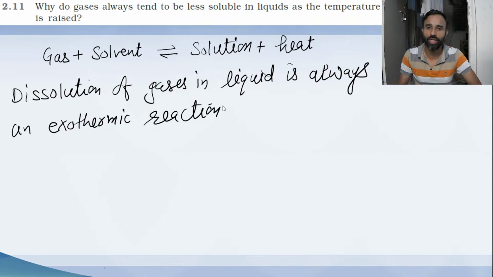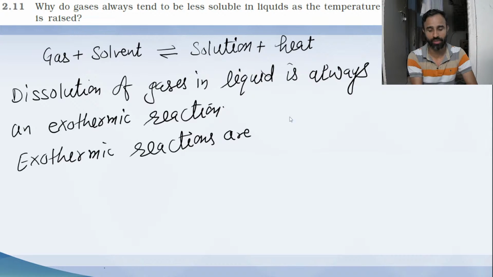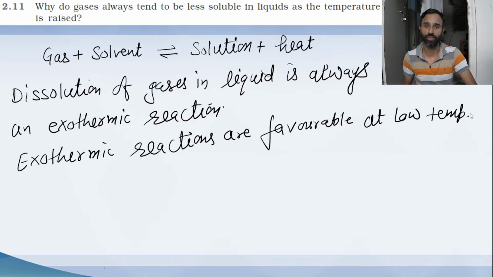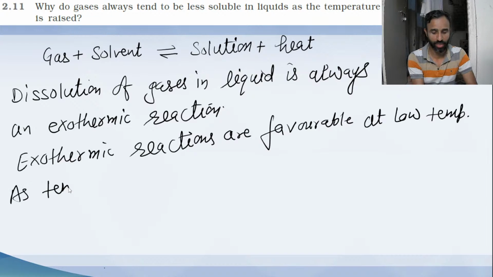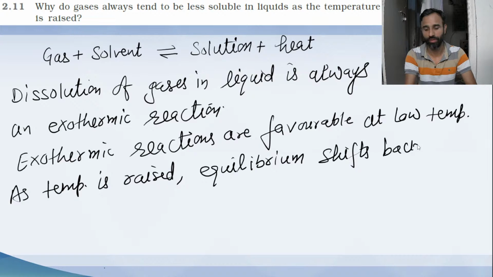Whenever gases are dissolved in any liquid, the reaction is exothermic, and exothermic reactions are favored at low temperature. So as temperature is raised, equilibrium shifts backward.